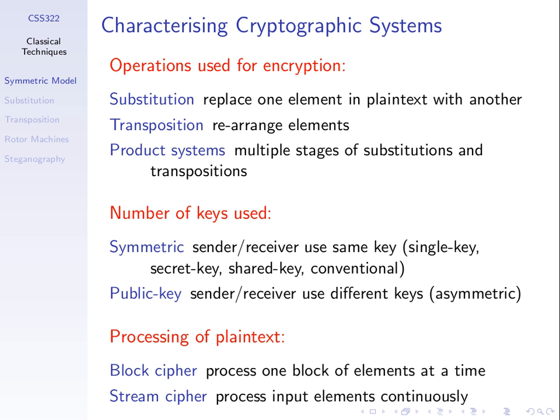I would use a stream cipher to encrypt that and send it as it's generated. If I have a 1 megabyte file, my exam that I want to encrypt, I would normally use a block cipher. They differ mainly in terms of implementation aspects. We're going to look at symmetric block ciphers for the next lecture or two.